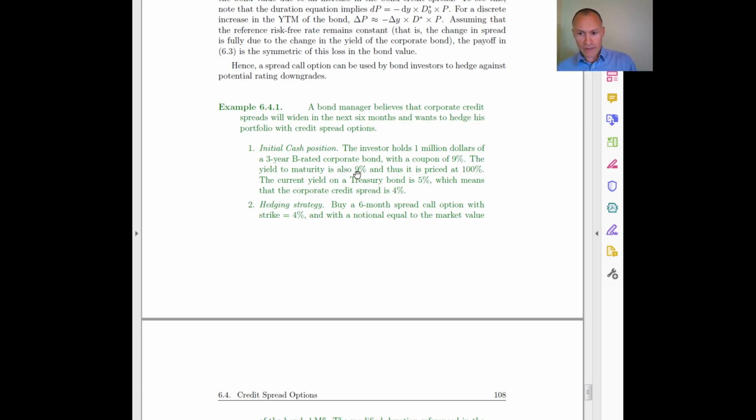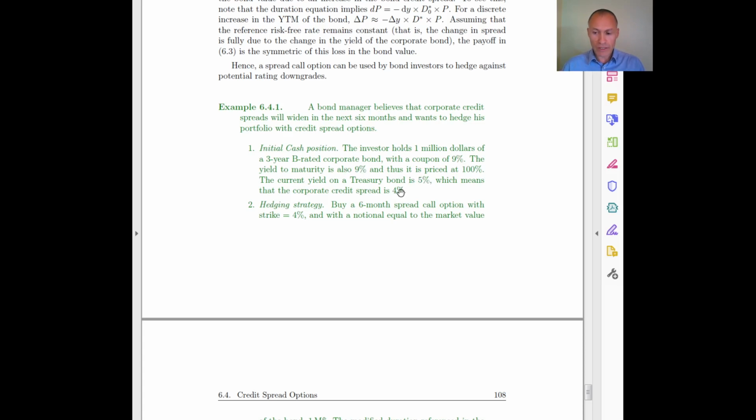So let's assume that the yield to maturity right now is 9%, and therefore when the yield is equal to the coupon, the price is 100%. Right? Let's say that the treasury bond yield is 5%, and therefore the corporate spread is the difference between that yield of 9% and this 5%. So the corporate spread is 4%.